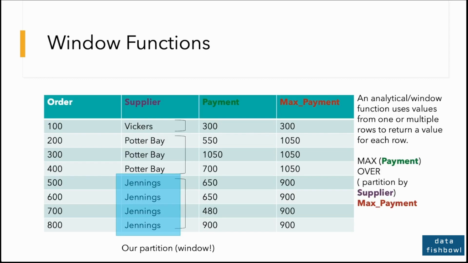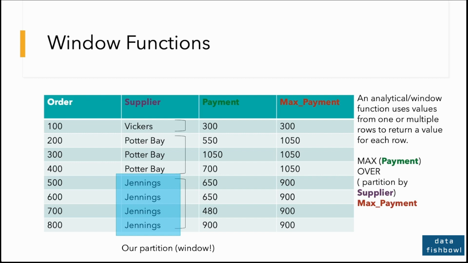So let's take a look at how a window function works. In this particular example, you've got a number of orders here, and you see three different suppliers, and you see the payment made to each supplier. Now the final column is where window functions come in. The first thing we do is we determine a window. We find a partition that we're creating on the data that we have available to us.